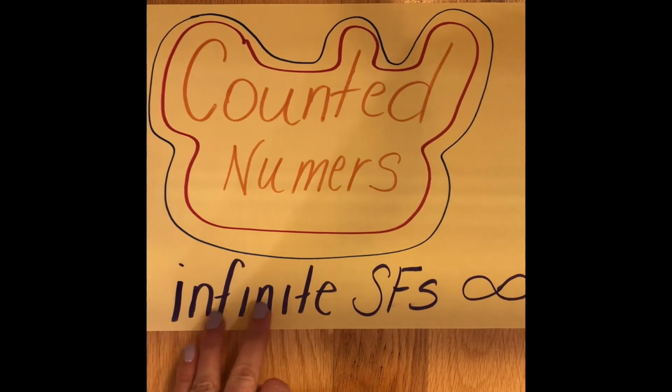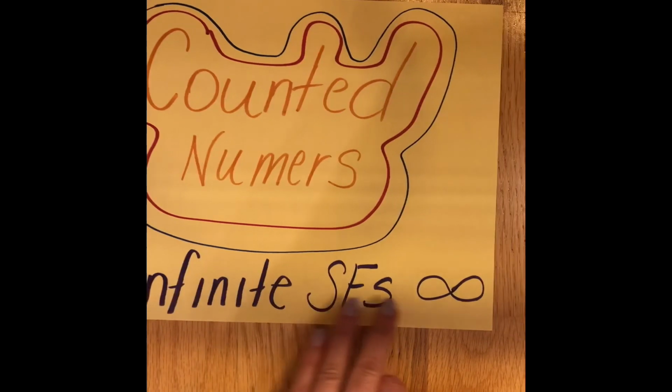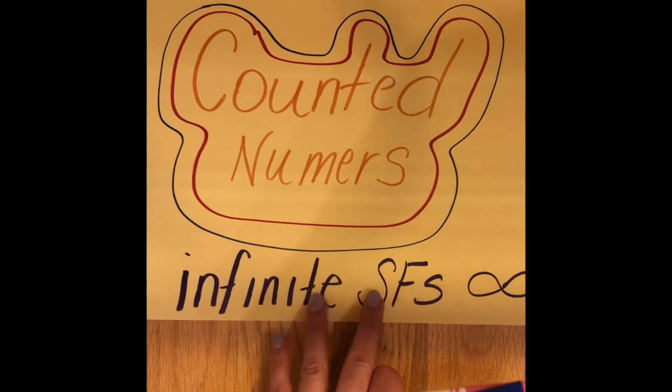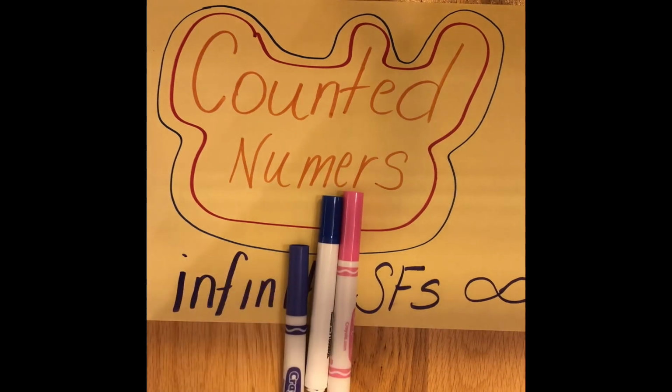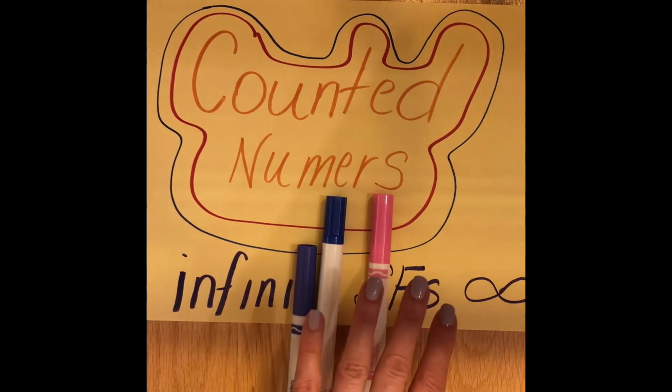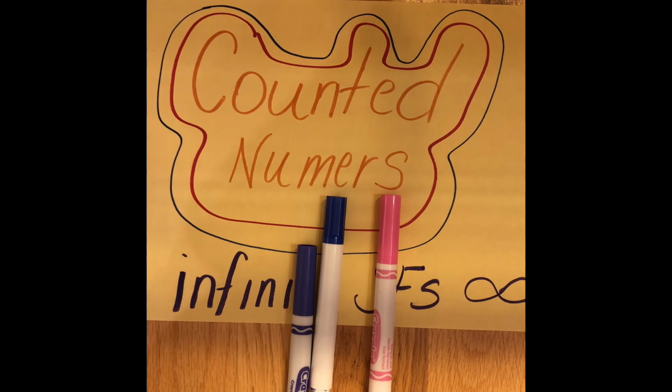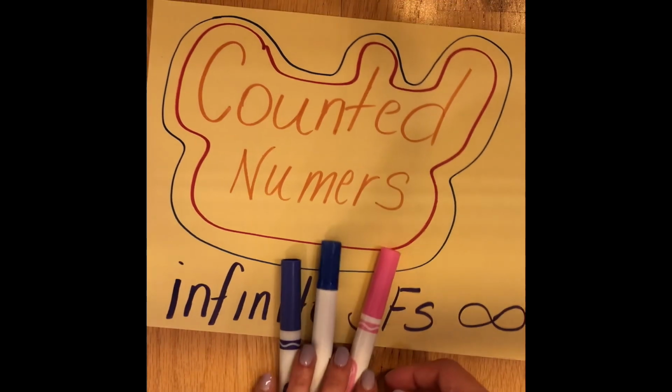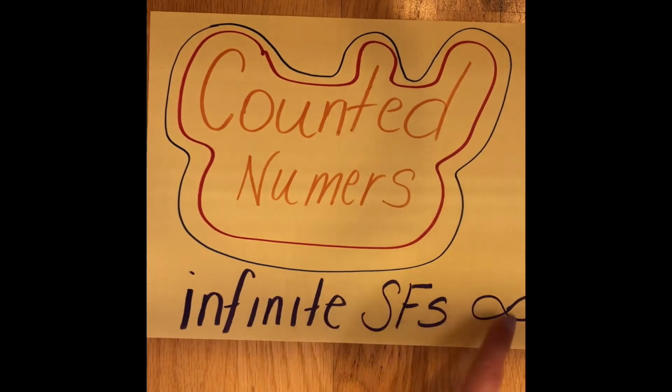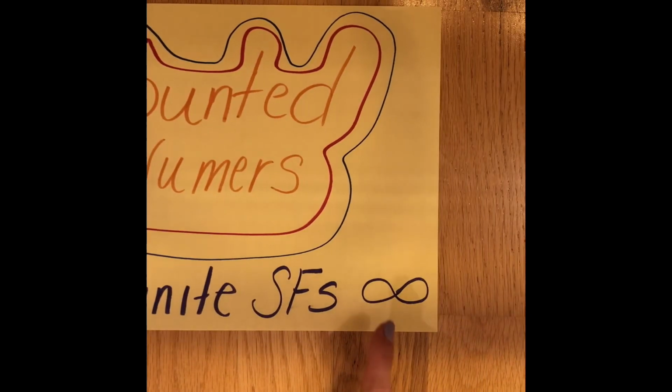It's considered to be infinite sig figs, so that's our infinite sign right there. Infinite meaning it is 3 markers, I'm certain, so technically it could be 3.000000 with infinite zeros going on because there's no uncertainty that there's 3. So we don't actually give it a number, we just say it's infinite, or we use this sign right here.